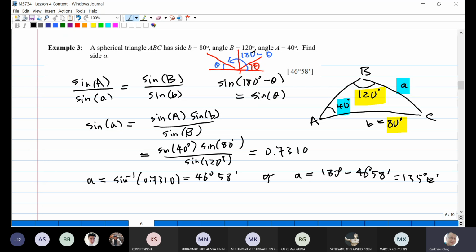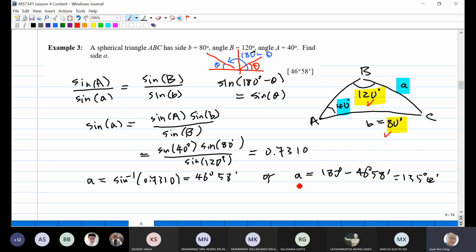However, as you know, in any triangle, the bigger the angle, the longer the side. For a bigger angle, this one is 120, the side is 80 degrees. So 40 degrees cannot be more than 80 degrees now.